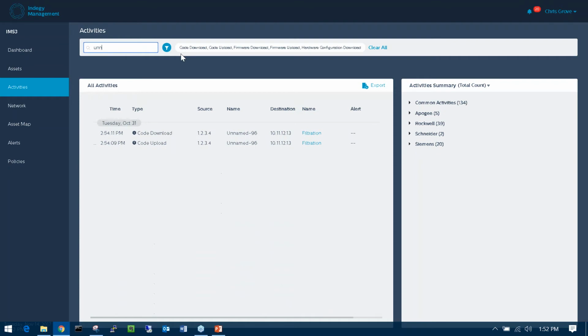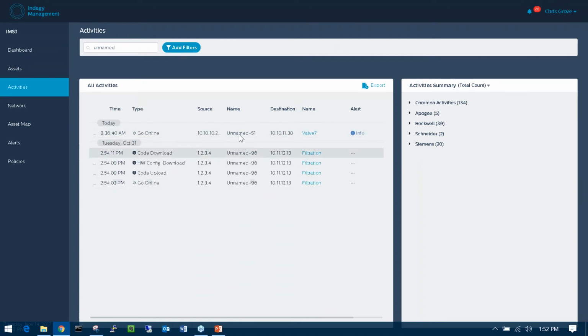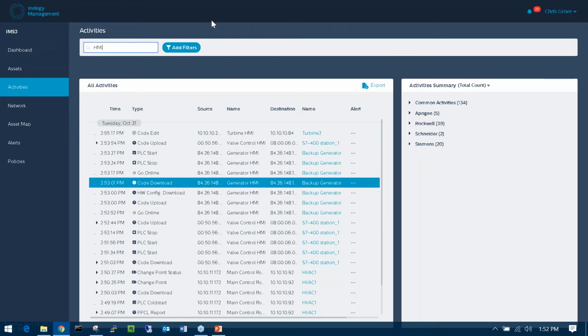So first, let's just look at everything that unnamed machines have done. You can see that those two oddities that we highlighted earlier have actually done some industrial operations. And at the same time, I want to see if those HMIs have. So now my forensic investigation has kind of peeled off a little bit here from just those unnamed machines into there's a lot of suspicious activity here with multiple HMIs in the environment affecting multiple control systems.